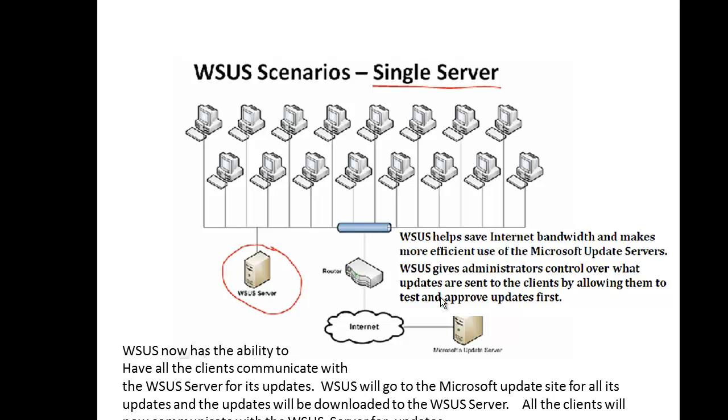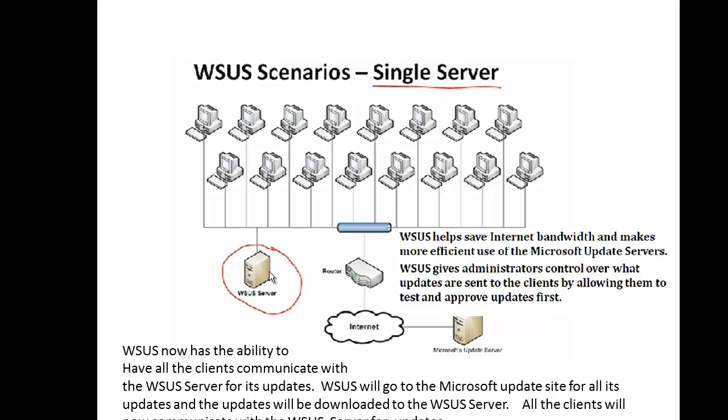So in this scenario, we have in our network a WSUS server. This is a server that you will be installing the WSUS server role on. The purpose that this server will serve is that instead of the updates going to each individual client, you will configure this internal WSUS server to get the updates from the Microsoft Update site.